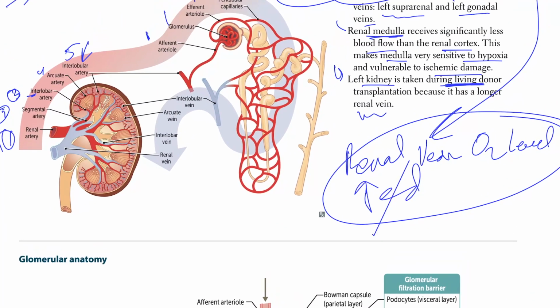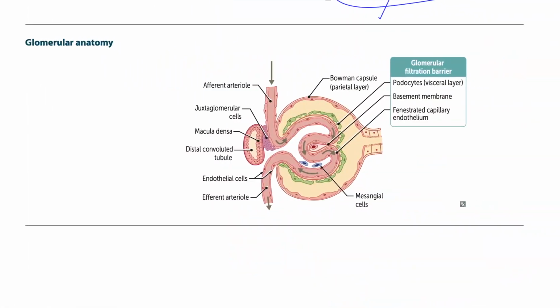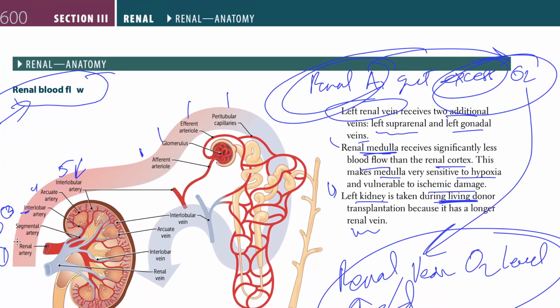So for the arteries, if you look at the picture, you go from renal to segmental, then interlobar, arcuate, and after arcuate, interlobular. Those are the small interlobular, and after that you have the afferent arterioles, then the glomerulus, because this is at the nephron level.